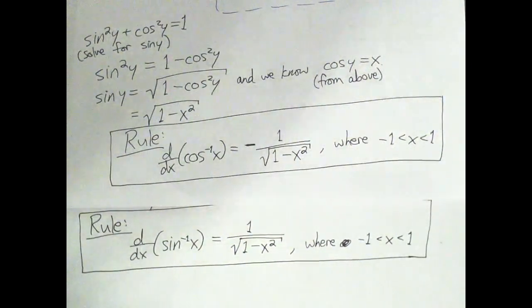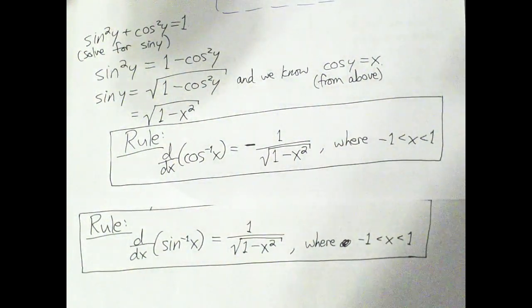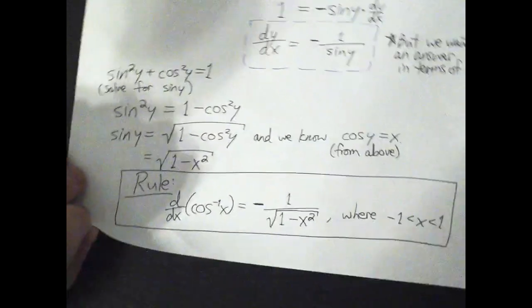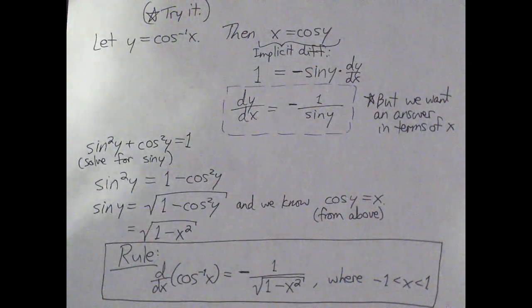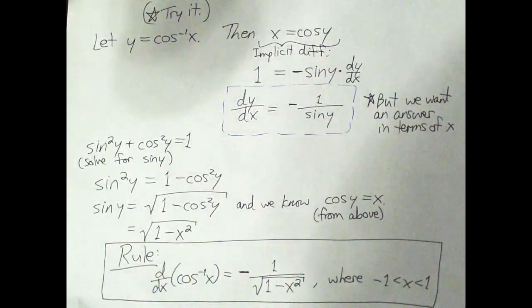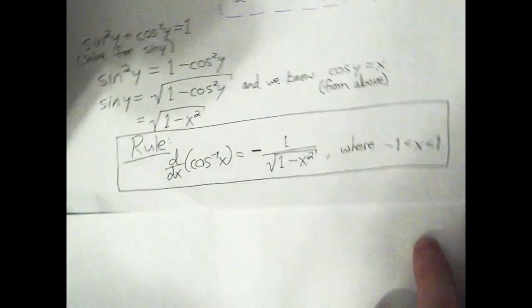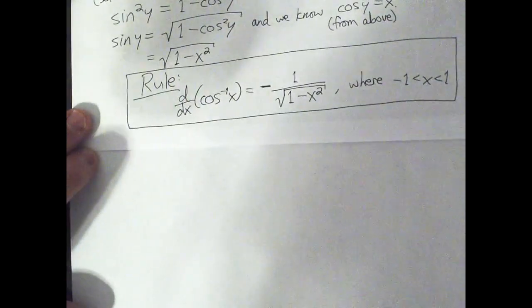Let's get another sheet of paper. We're going to move these rules away, but I think we've got them in our notes by now. So earlier we derived a rule for inverse sine, and then there was one example problem. We just derived a rule for inverse cosine, so let's do one example problem.